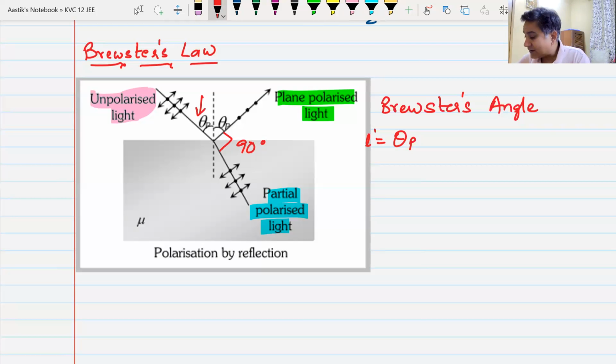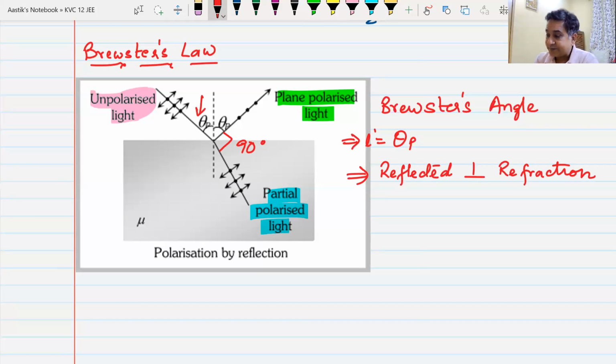What more happens at this Brewster angle, that your reflected light is perpendicular to your refracted light. So Brewster angle is a very peculiar angle. Two things happen at the Brewster angle simultaneously. When the angle of incidence is the Brewster angle, your reflected light is completely polarized.